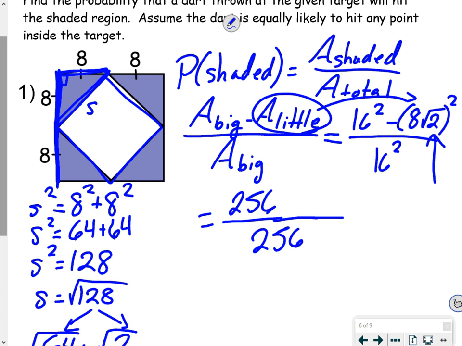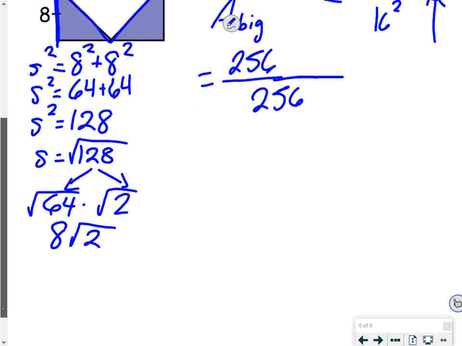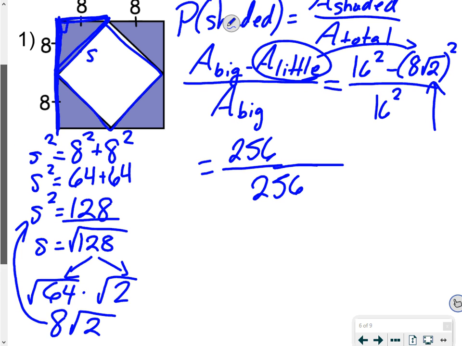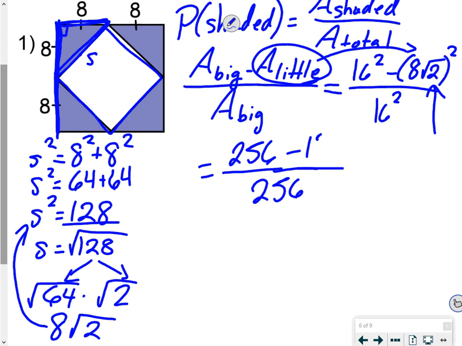However, 8 root 2 squared, if we wanted to do that, that would actually be pretty simple. If we square this value, that just gives us s squared, which is 128. Otherwise, another way to do that would be square 8 and square root 2, and we'll still get 128.